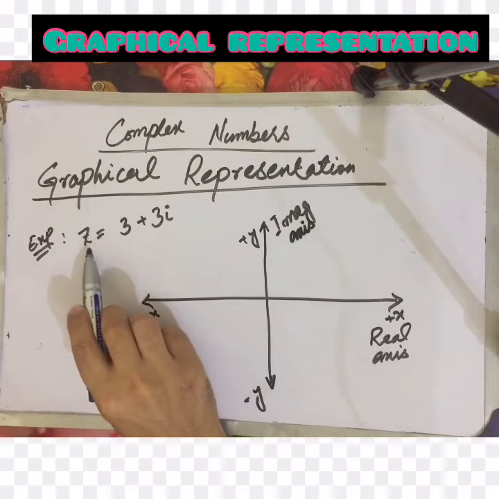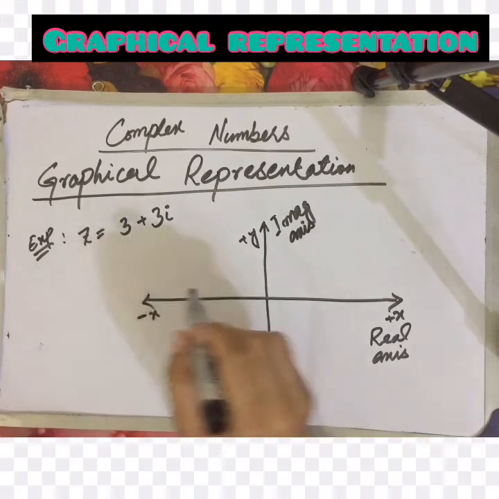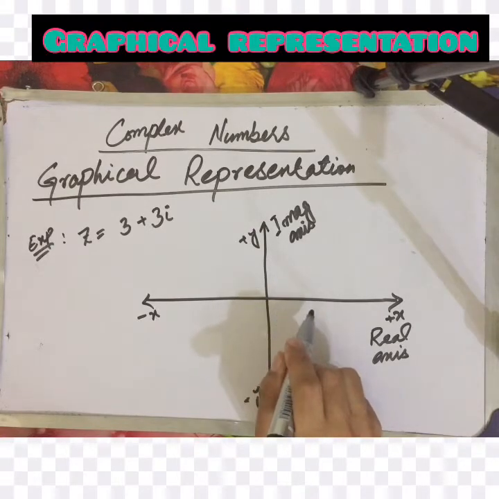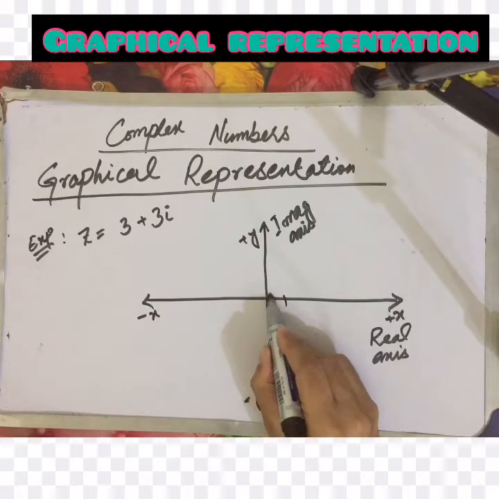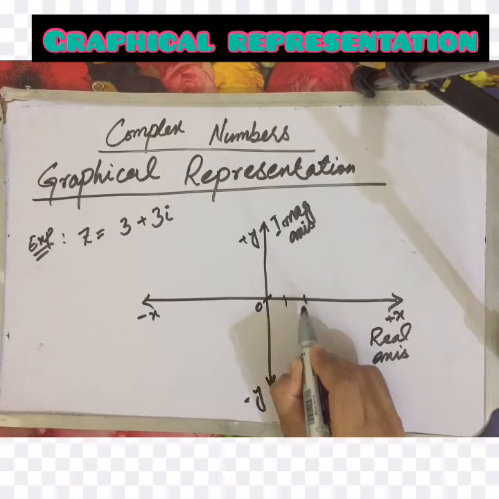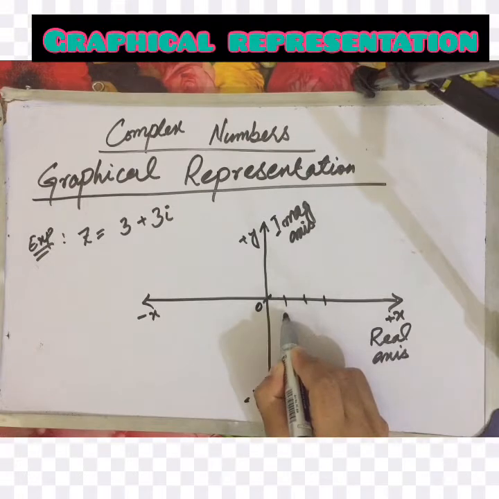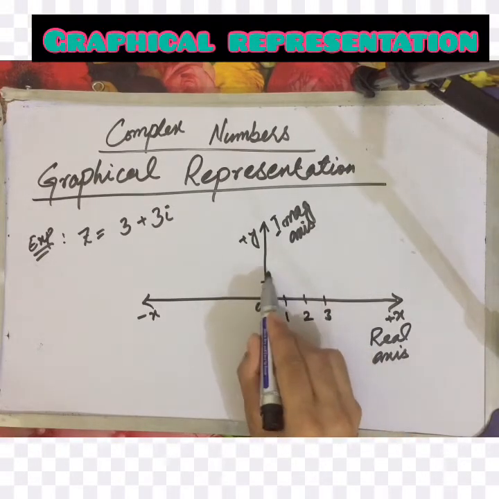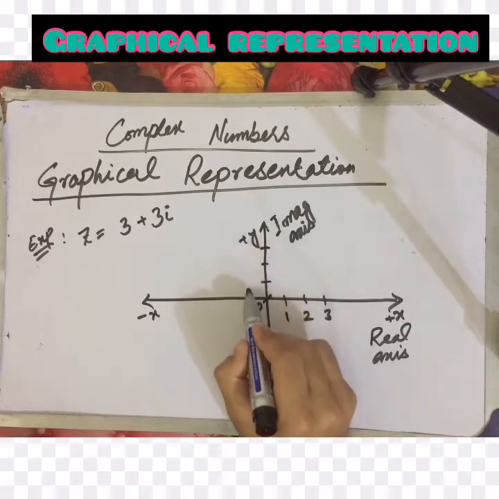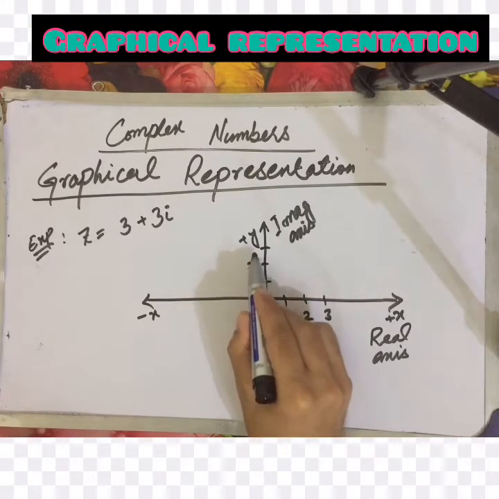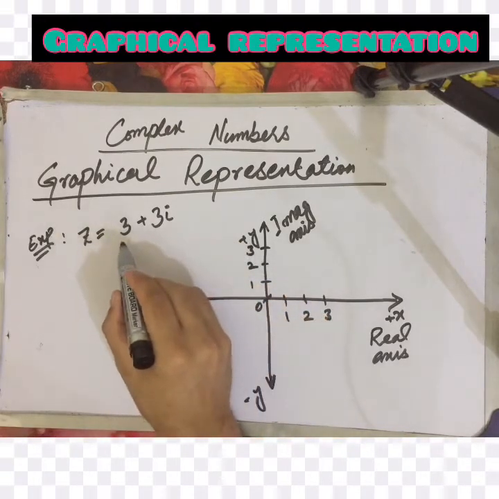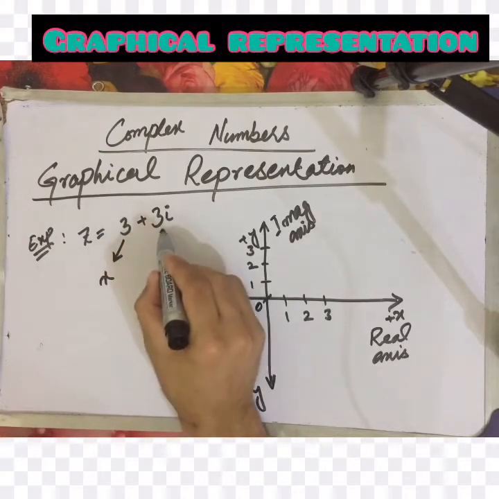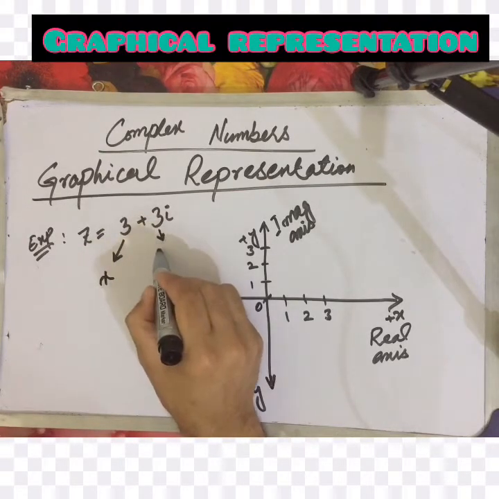We have one complex number, 3 plus 3 iota. Let's draw this on the graphical representation in the xy plane. This is the origin. We have 3 points on the positive x-axis, 1, 2, 3, and 3 points on the positive y-axis. The first real number will always be called x, while the imaginary number will always be called y.